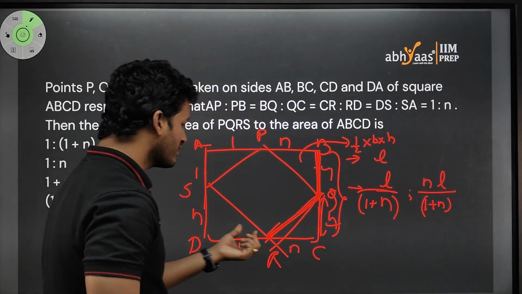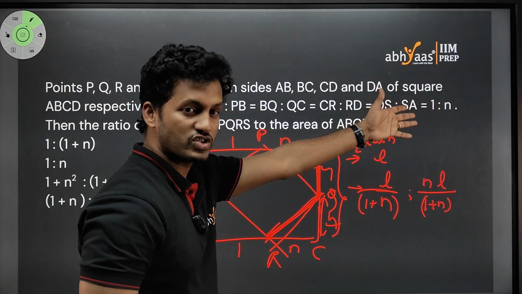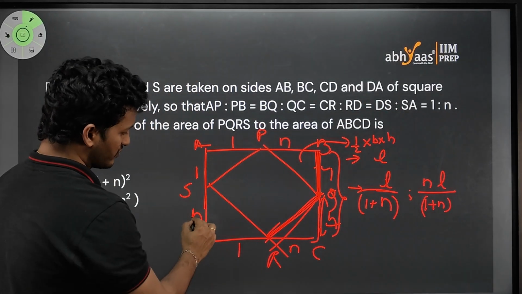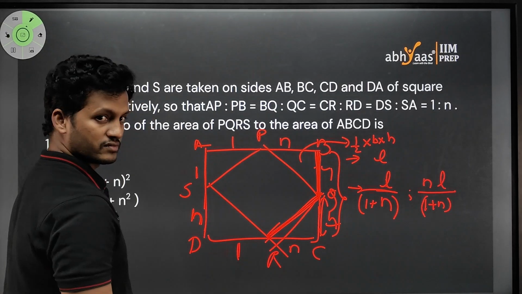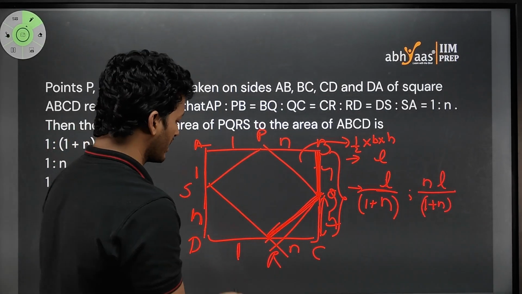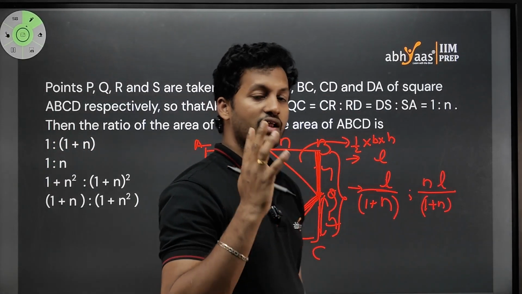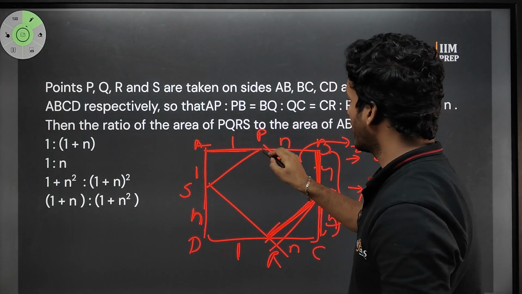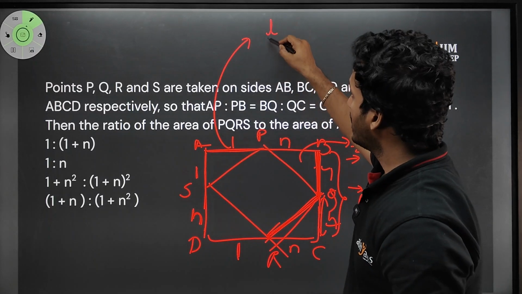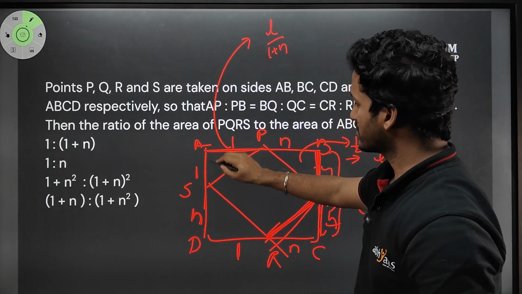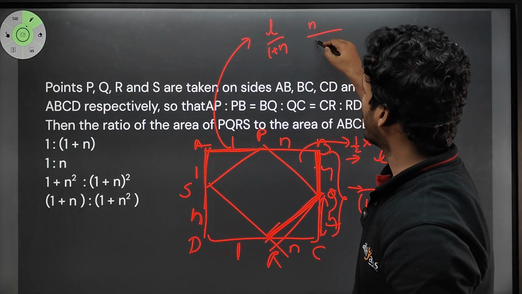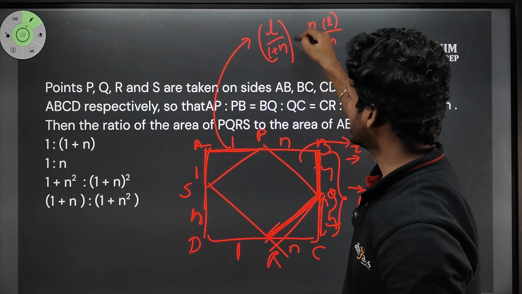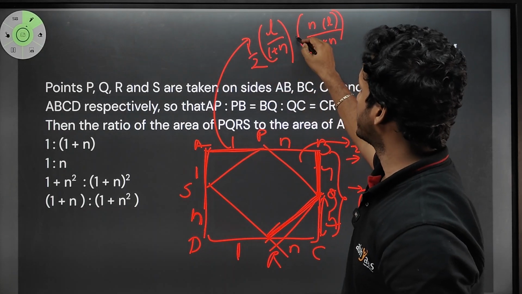Every right angle triangle will be the same because everywhere I am cutting in the ratio 1:n. So I'll get 4 right angle triangles whose area would be the same. If AP's length is L by 1 plus n, this height would be n L by 1 plus n. This is base and this is height, half into base into height.